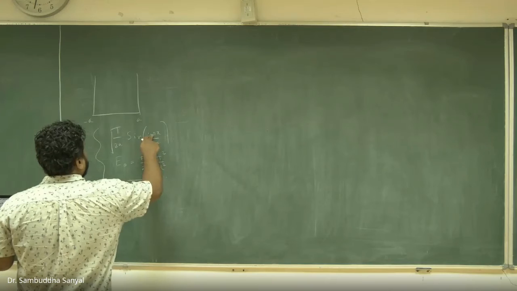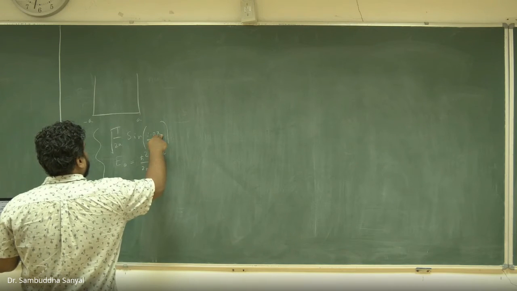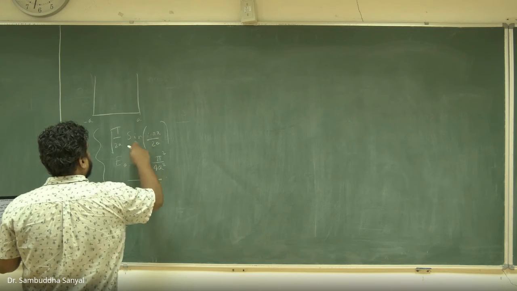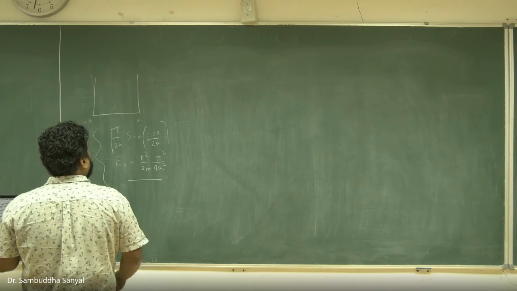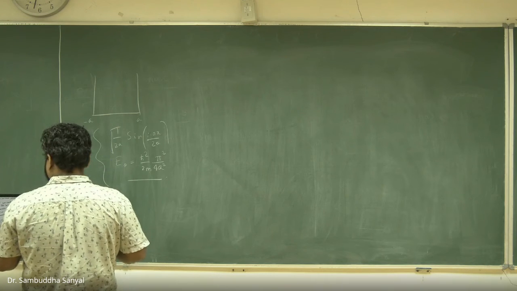So if x is a, then it is pi by 2, and sine pi by 2 is what? 1, right? He's saying that when the box is minus a to plus a, then the ground state starts with cos.